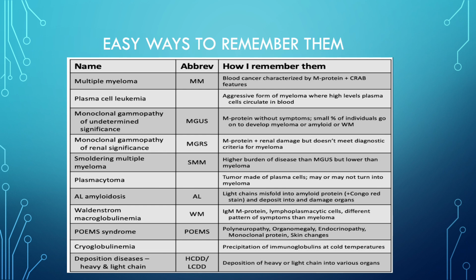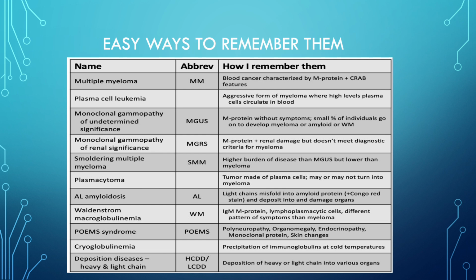Undetermined significance is when there is M protein but without symptoms. There's a very small percentage of individuals with MGUS who go on to develop myeloma, amyloidosis or Waldenstrom macroglobulinemia. These are patients who have an elevation in M protein but are without symptoms. I'll tell you how to differentiate between these two in more detail in the slides ahead.